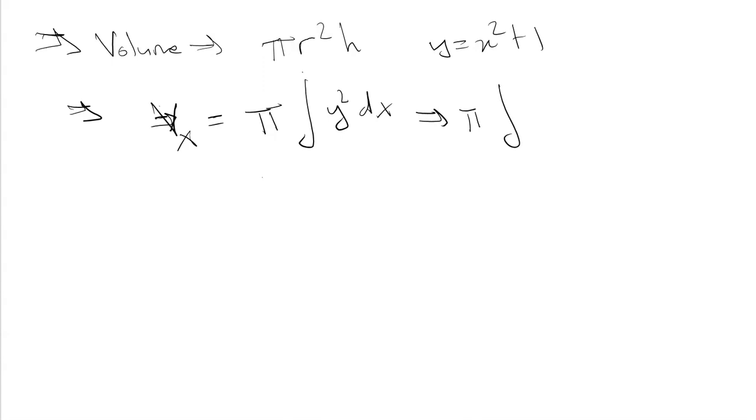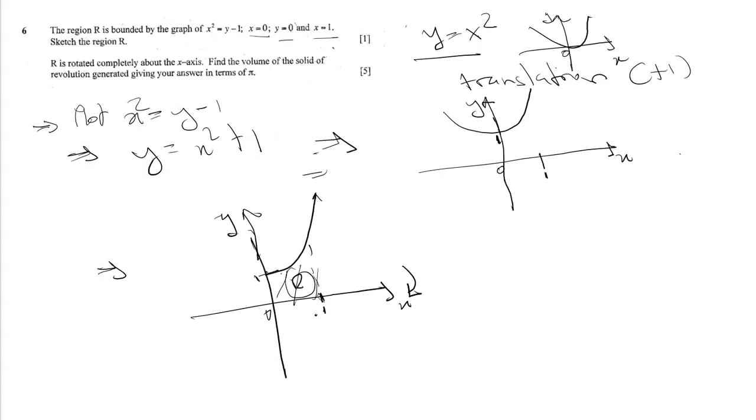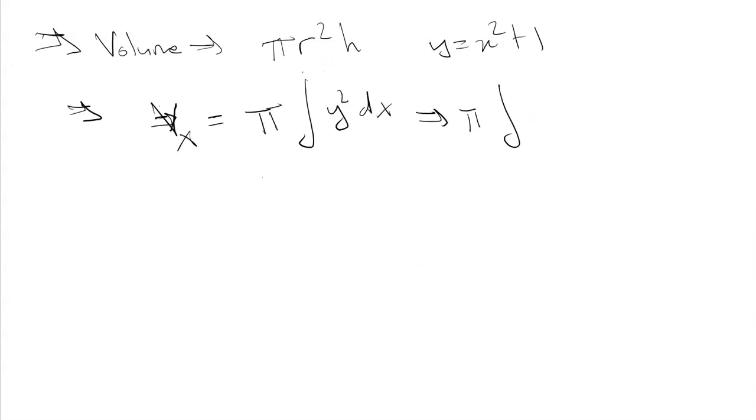If we go back here, this is the region that would count 0 up to 1. So this is going to be 0 up to 1, and y squared is x squared plus 1 squared dx. Okay, so now we have an integration problem.